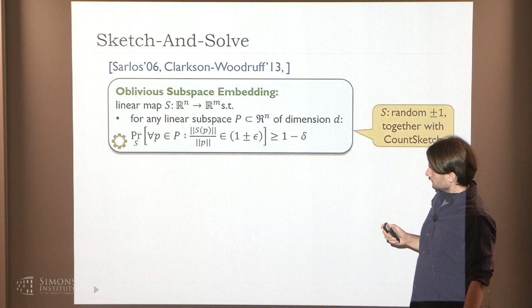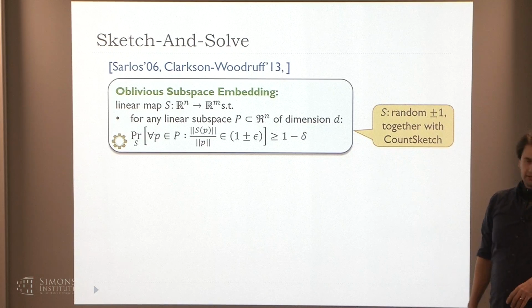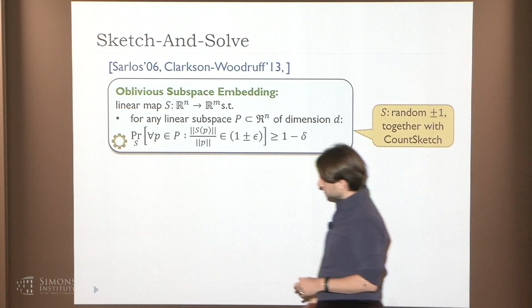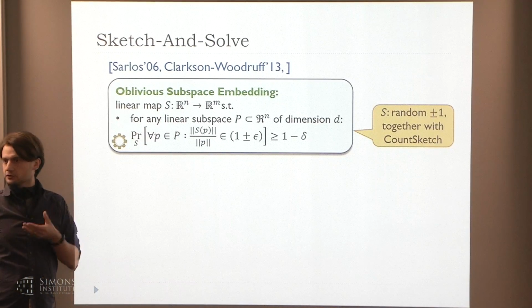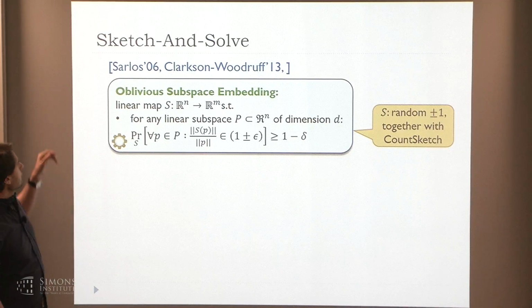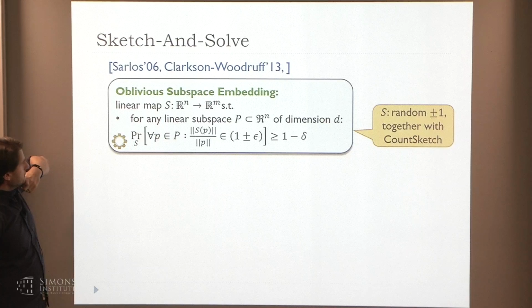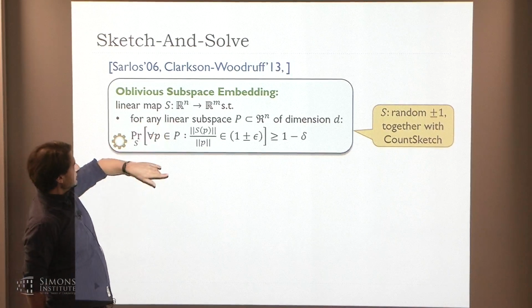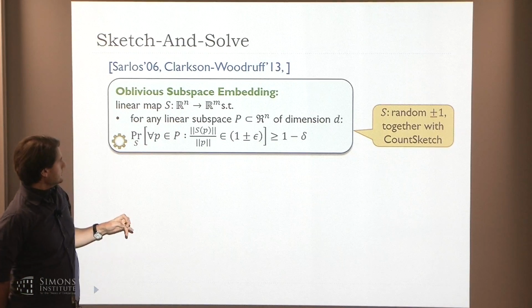So what exactly is this dimension-reducing matrix? We think about this as a way to generalize dimension reduction. It is called an oblivious subspace embedding, and it is a map S, which again goes from dimension n to dimension m.